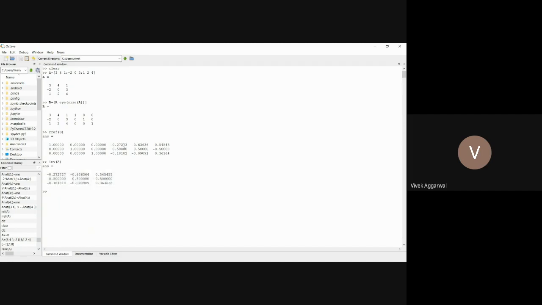So by the help of the row reduced echelon form, we can do the Gauss Jordan, and then with the help of the Gauss Jordan formula, we can find the inverse of the given matrix. The only thing is that this is applicable for a square matrix. These things we cannot do for a rectangular matrix.